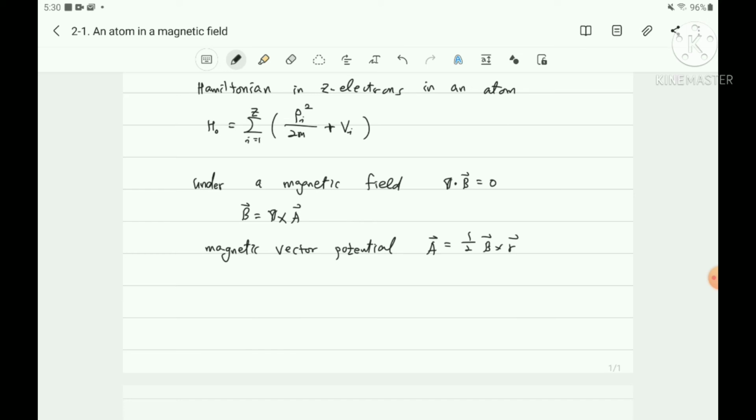And anyway, this is the Coulomb gauge in many cases, or the Lorentz gauge, and the momentum becomes the canonical momentum. We call it the canonical momentum, and the magnetic vector potential can be defined like this.